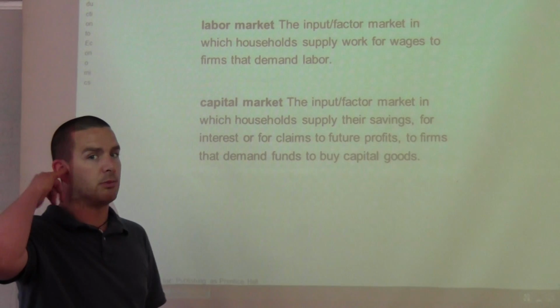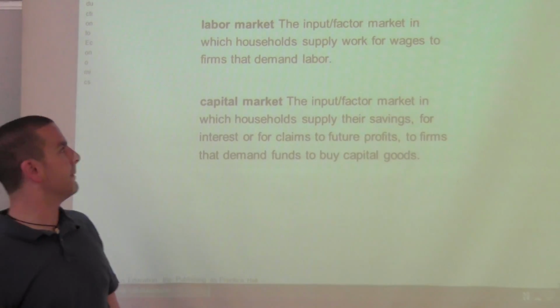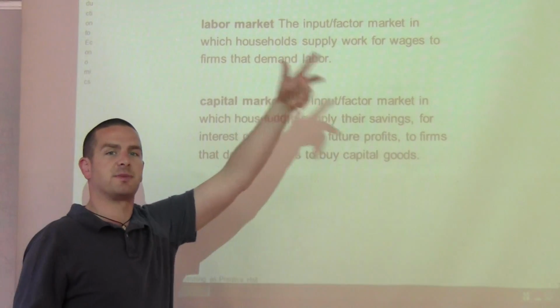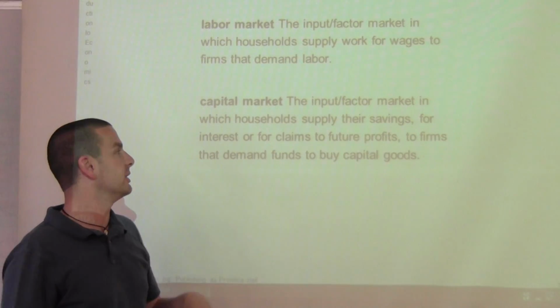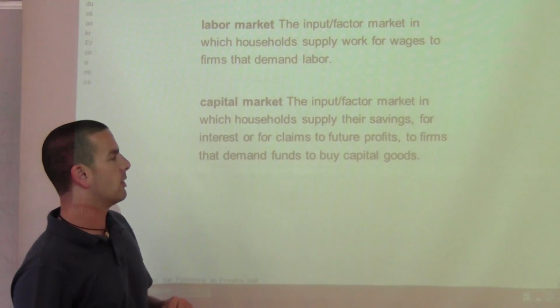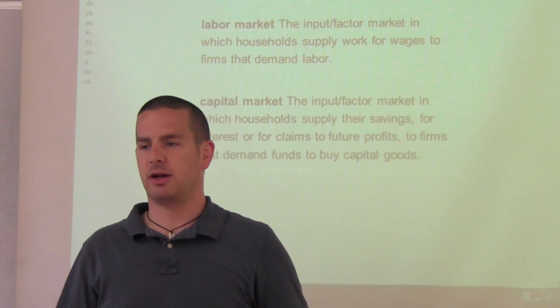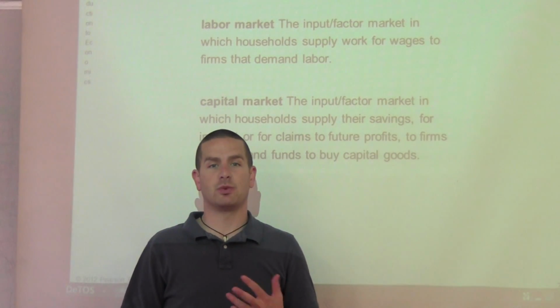Two very important markets in capitalism. The first one is the labor market. The labor market is simply where labor is supplied and demanded, right? You supply your labor and some businesses want to hire you. The second one would be the capital market. Capital markets are like Wall Street, right? But it's not necessarily confined to Wall Street.